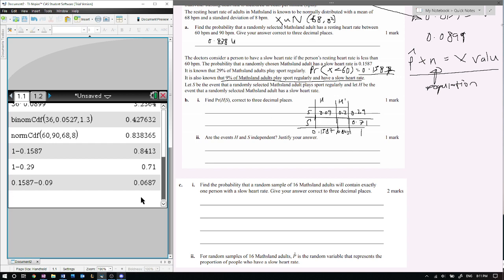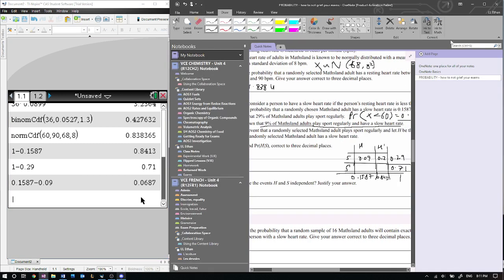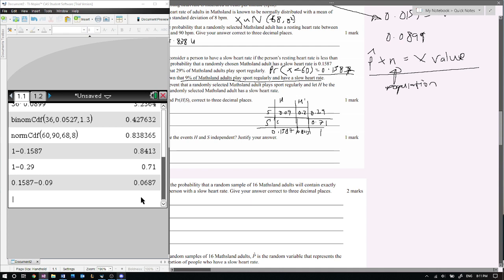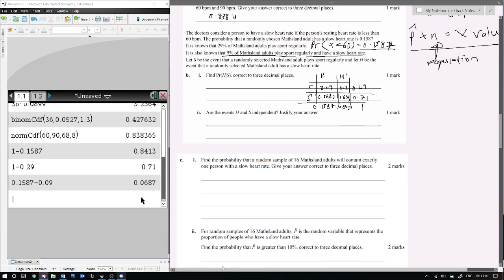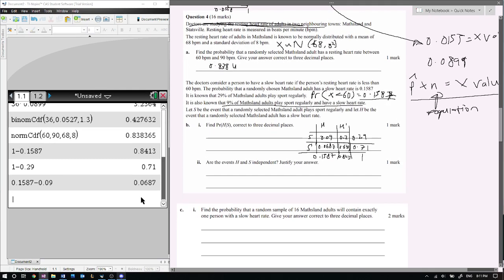So that is 0.2, that is 0.0687, and that is 0.6413. Sorry if that's a bit small, but you obviously won't need to use all those values. I've just set it out for a bit more clarity.